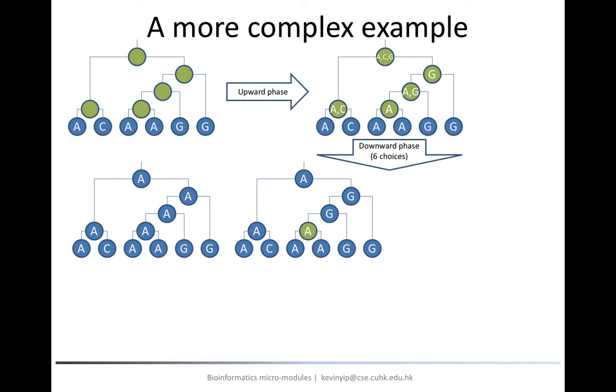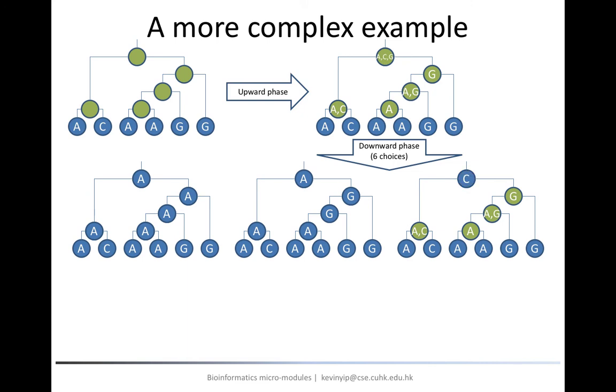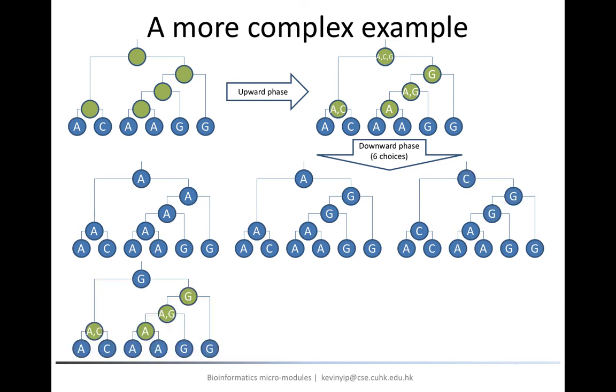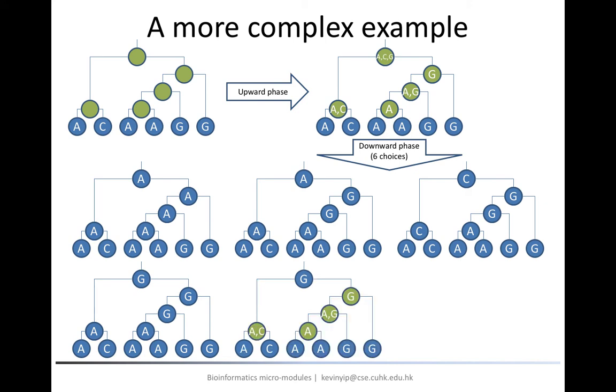Finally, the last internal node still chooses A, since there are 2 votes for it. We can then continue with other choices of the root and the internal nodes. Finally, after enumerating all possible choices allowed, we get 6 optimal solutions.